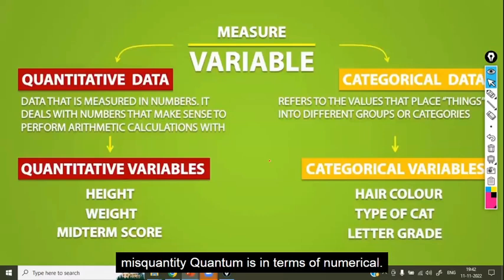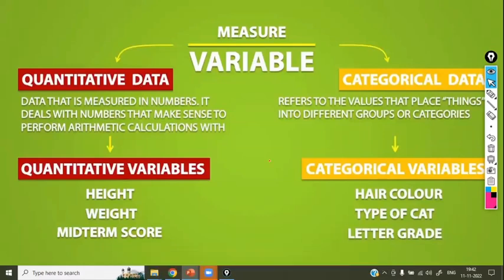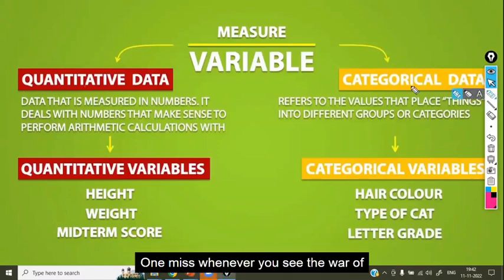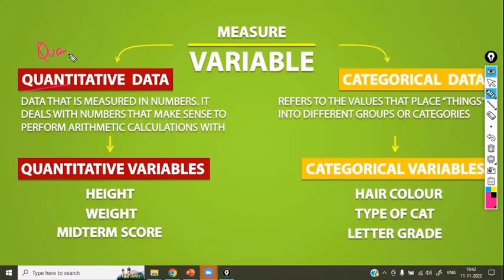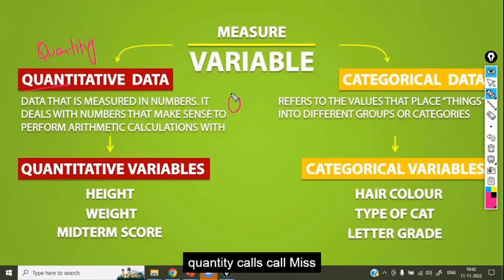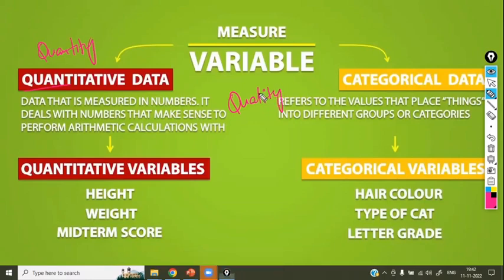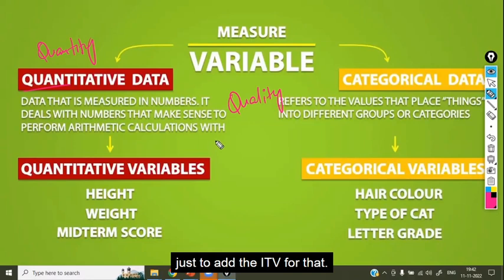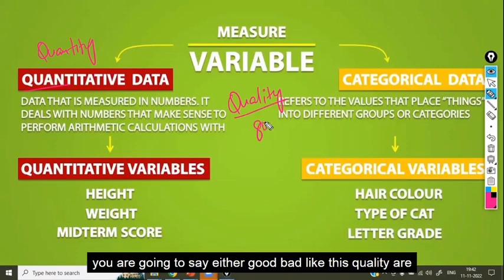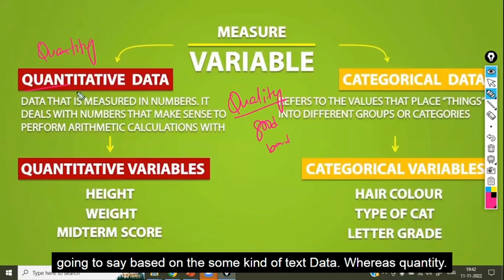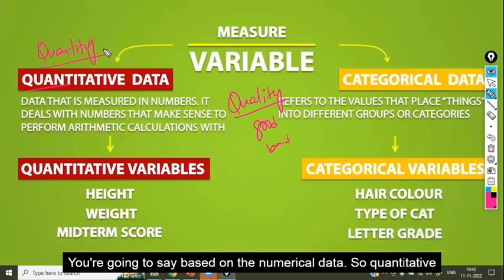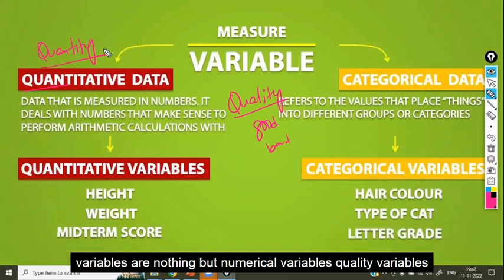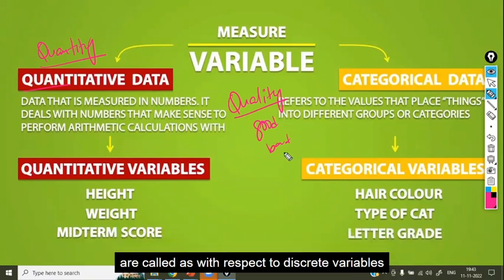Quantitative means quantity, which means numerical. Qualitative means quality, like good or bad, based on text data, whereas quantity is based on numerical data. So quantitative variables are numerical variables. Qualitative variables are called discrete variables, or categorical variables.